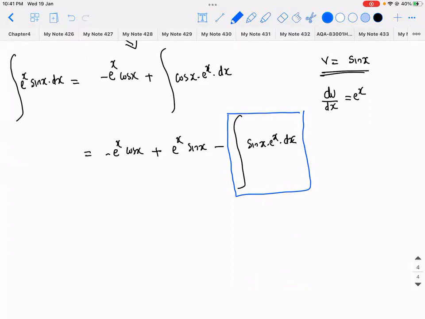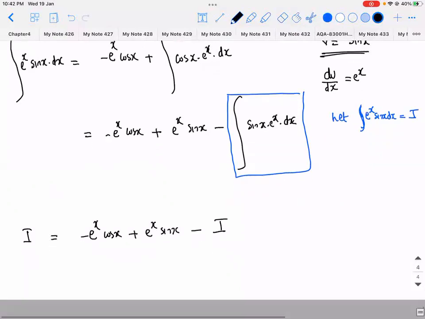So what we can do is call the integral of e raised to x sin x dx, let it be I. So I is equal to minus e raised to x cos x plus e raised to x sin x minus I itself, because it is the same thing.